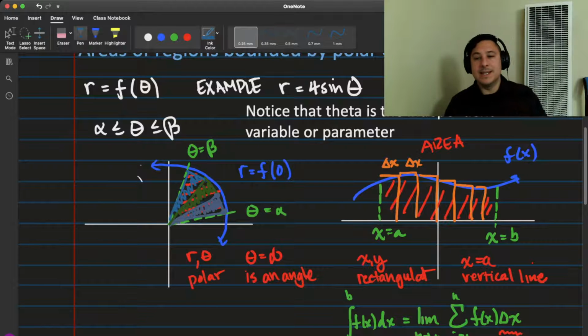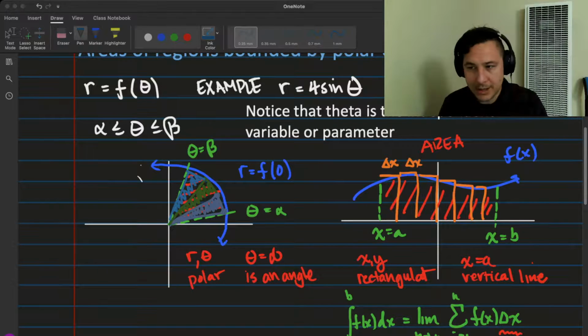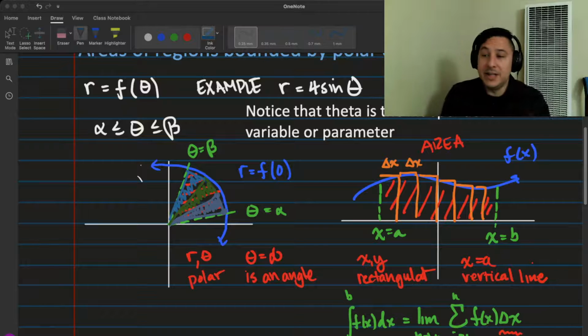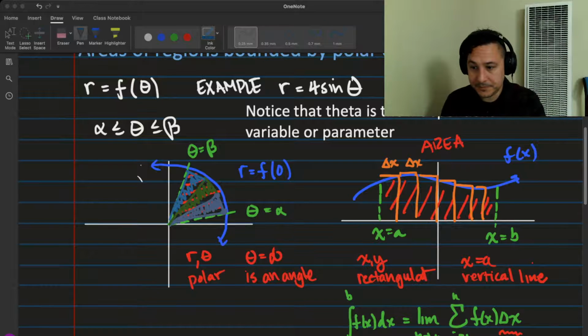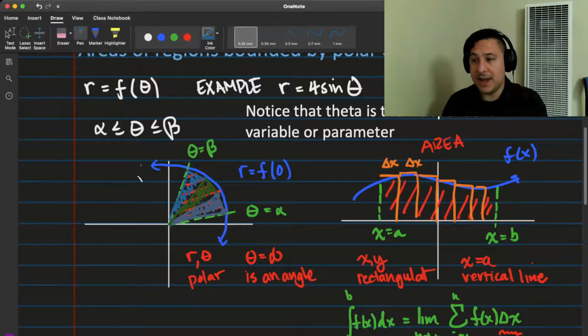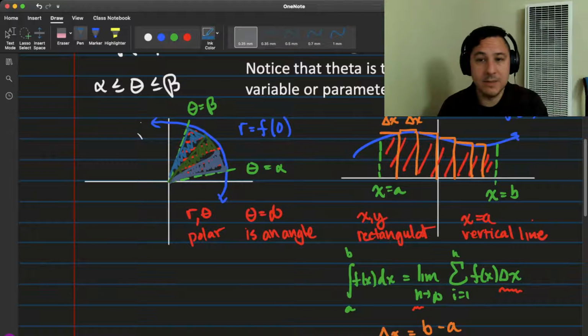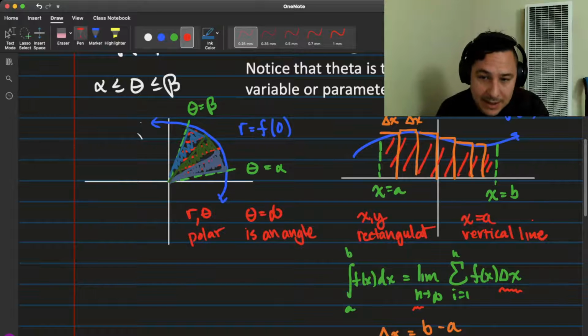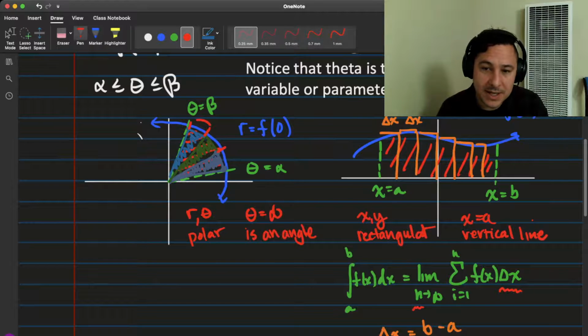Okay, and these pizza slices, or whatever you want to call them, are the equivalent of the rectangles. So if we want to find that area, we're going to do that. And what you notice is that these little pizza slices split up my angle into, do you see 3 equal parts?